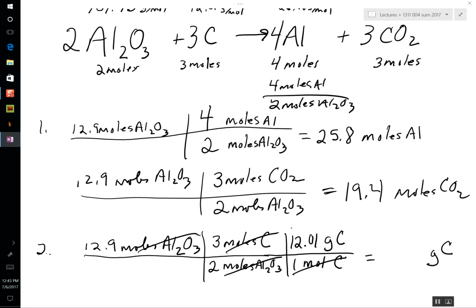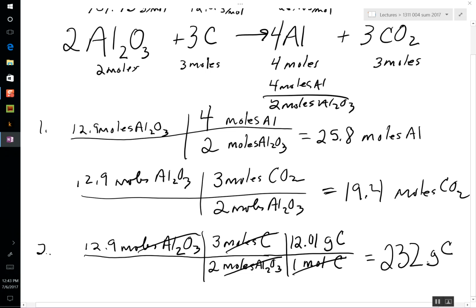Then I multiply by the molar mass of carbon, and I can calculate the grams of carbon. So what do I need? 232 grams of carbon. Is that right?